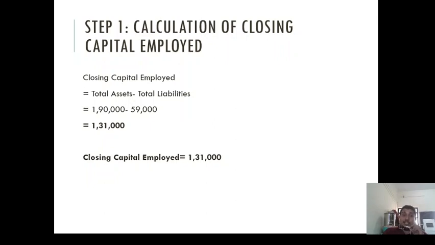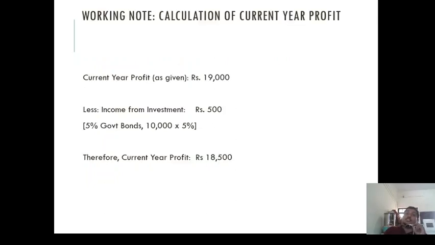After we get closing capital employed, we will get current year profit, so that we will get the correct current year profit. How do we get the correct current year profit? Current year profit as given is 19,000. They have given current year profit, that is to say profit for the year 2015, the most recent year.